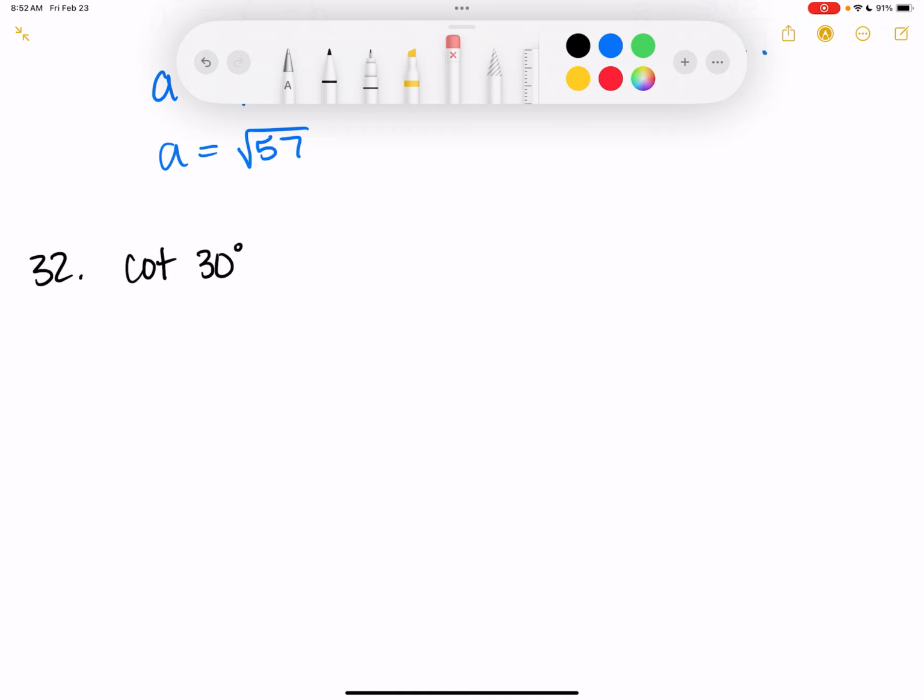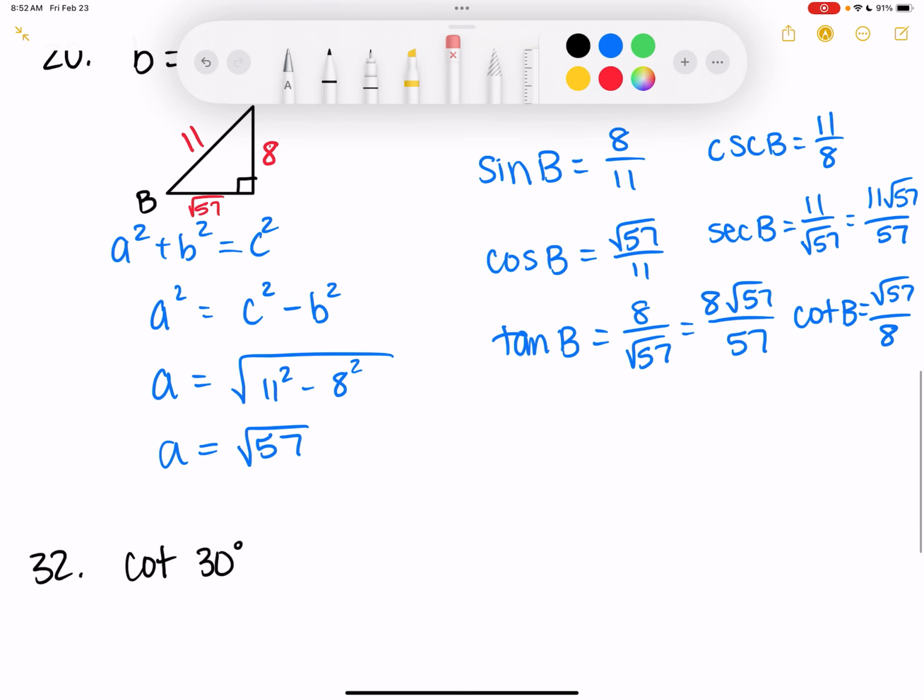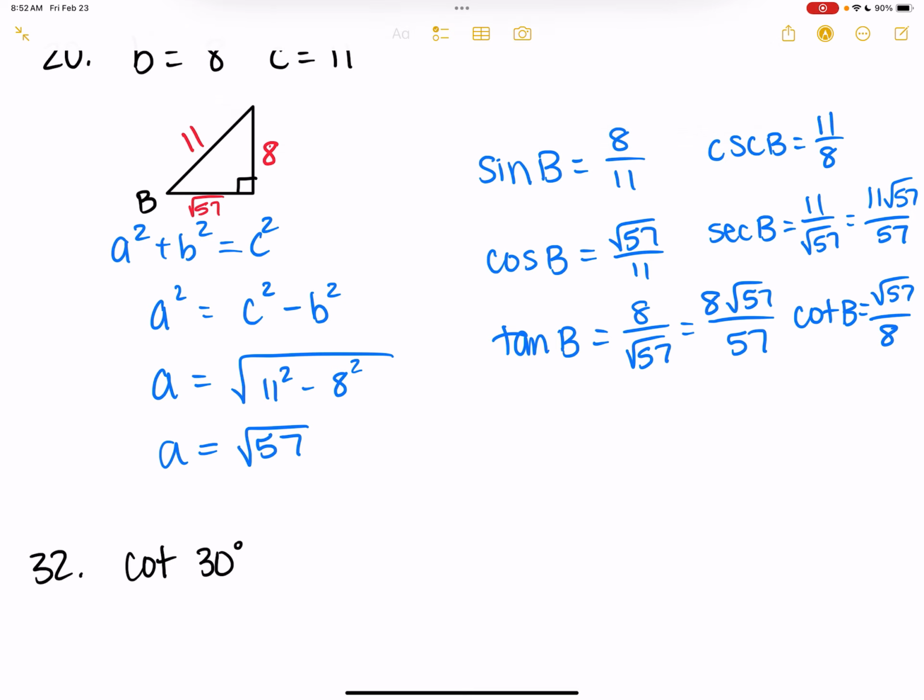How do we get cotangent from tangent? We flip it. So it's going to be 3 over root 3.